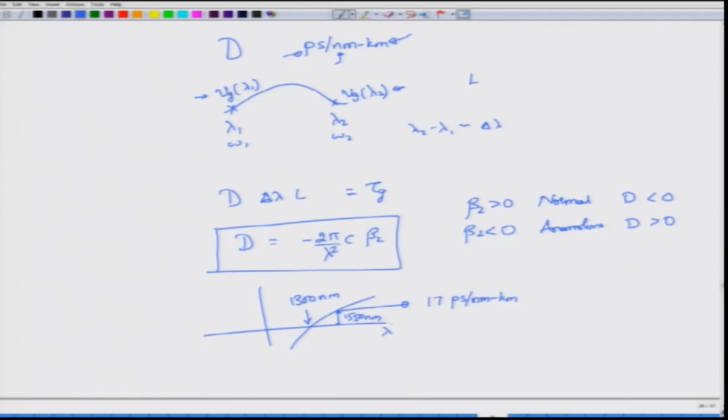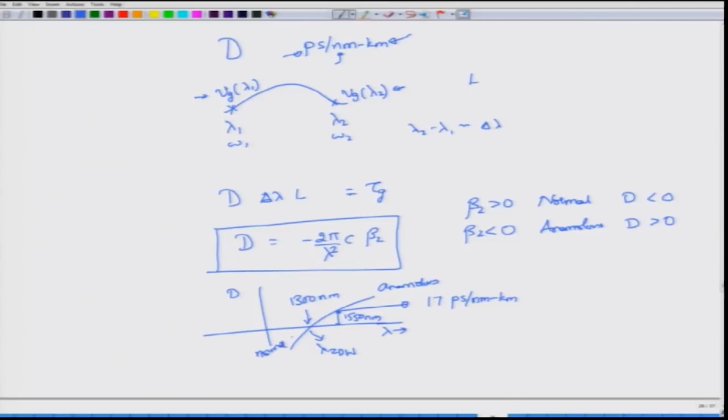What I have plotted is lambda on the x axis and D on the y axis. After this 1300 nanometer, which is called lambda ZDW, where ZDW is the zero dispersion wavelength, the region here is anomalous, whereas the region here is normal.